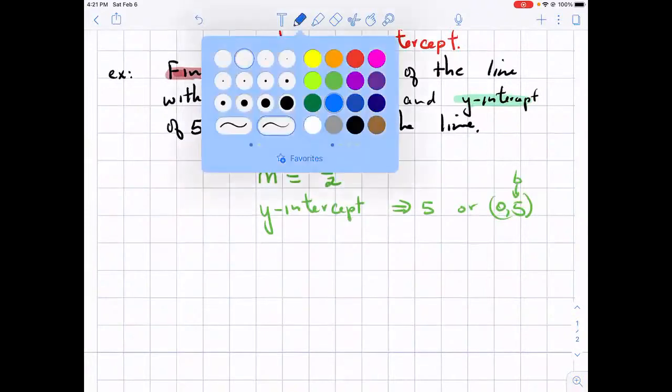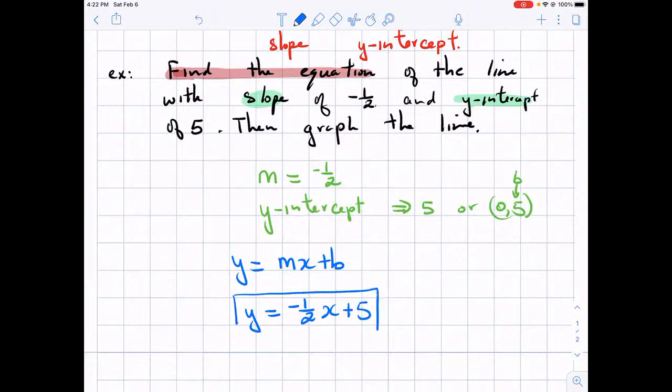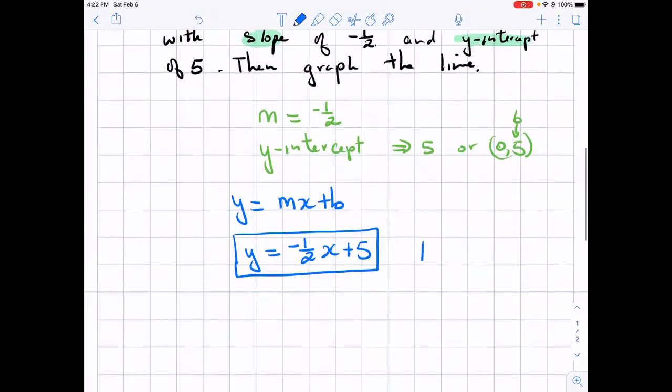So we can use y equals mx plus b. Therefore, y is equal to m, which is negative 1/2, x, and b is positive 5. So this is the equation of the line. Here is the linear equation in slope-intercept form.